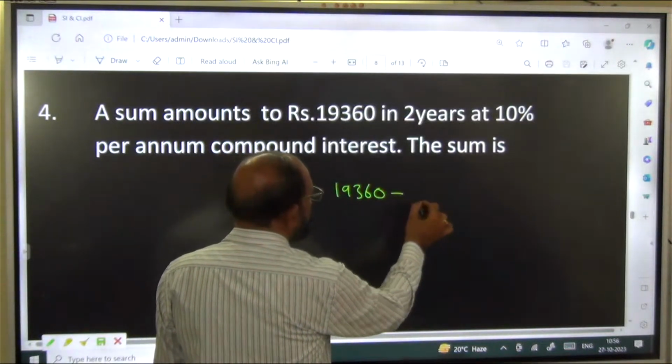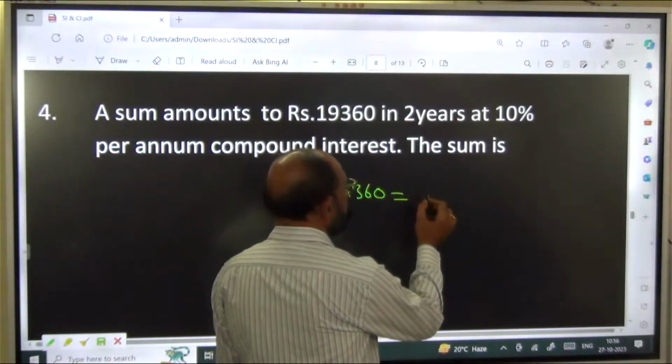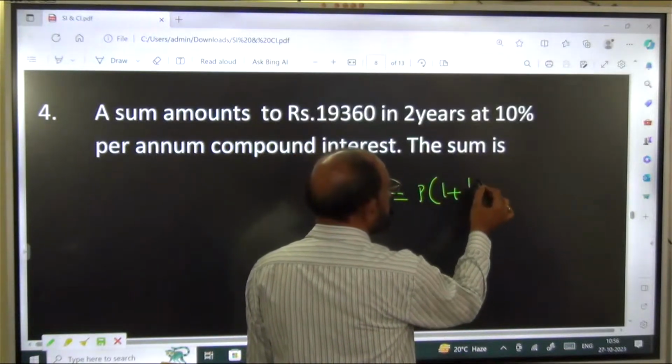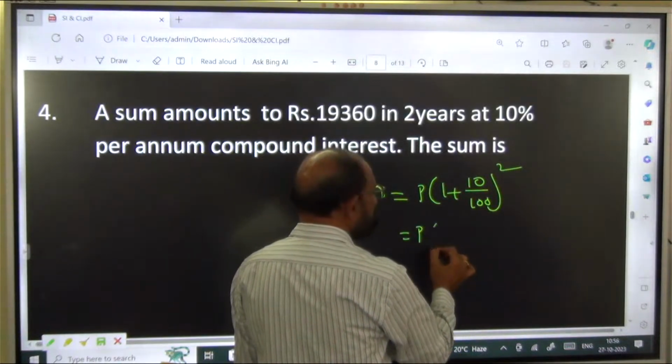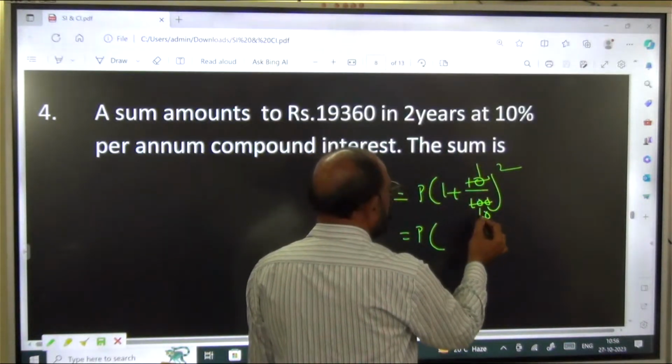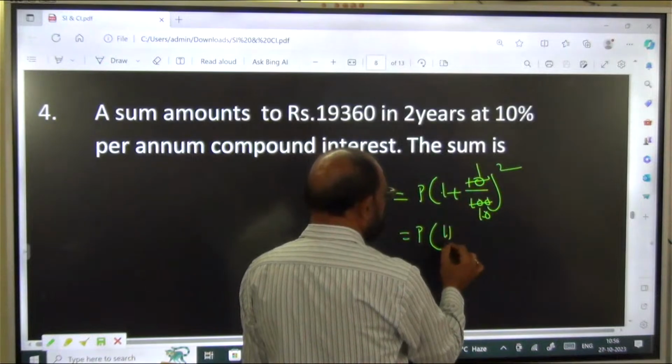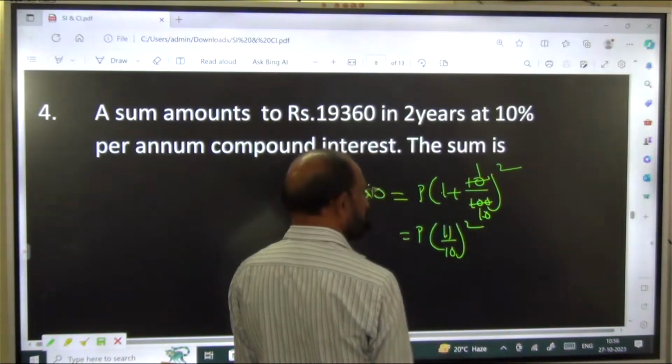19360 is equal to principal into 1 plus 10 by 100 whole square. P into 10 ones, 10 tens, 10 plus 1, 11, 11 by 10 whole square.